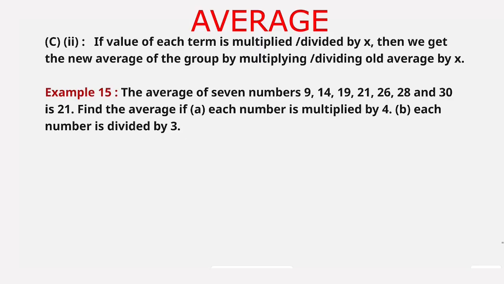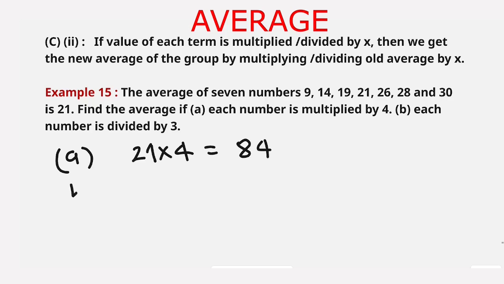Now, instead of multiplying each number by 4, then adding them and then finding their average by dividing by 7, in solving part A, what do we do? We just multiply 21 by 4 and our new average will be 84.